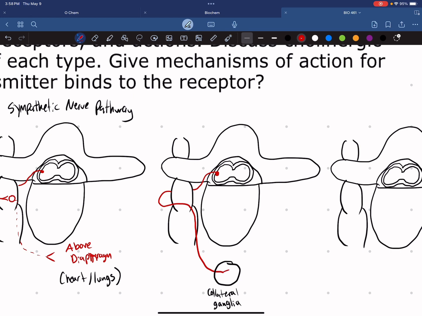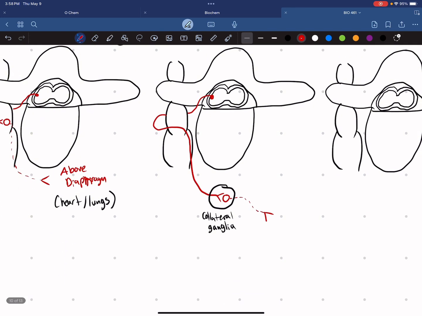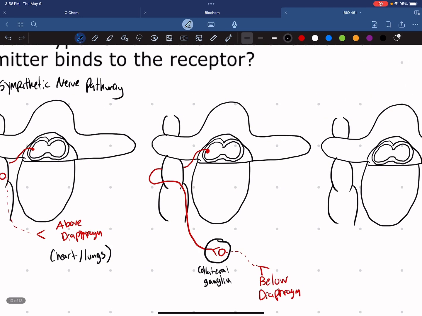And here there is a synapse, and then it will travel downwards to the organs below the diaphragm. And so this pathway is what's called a splanchnic nerve pathway.